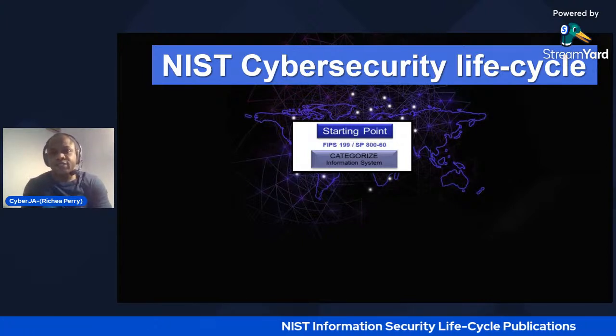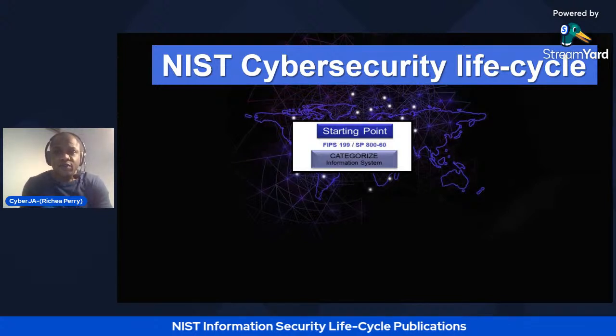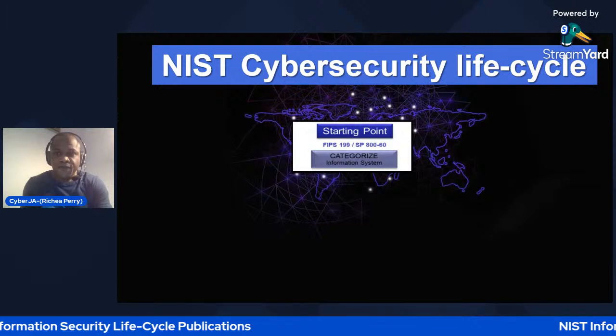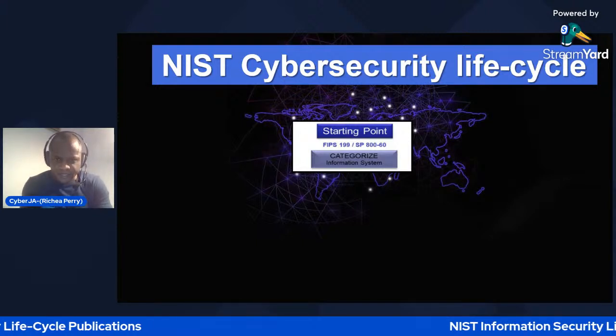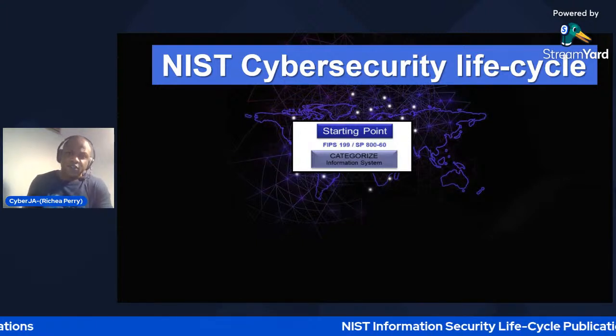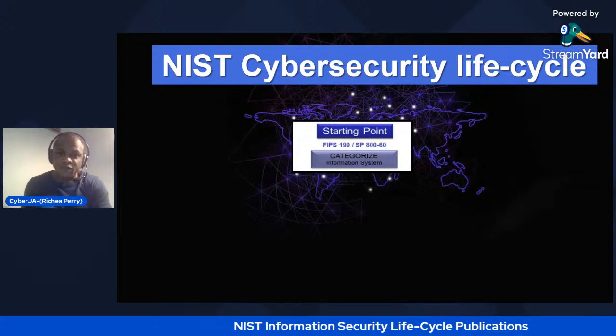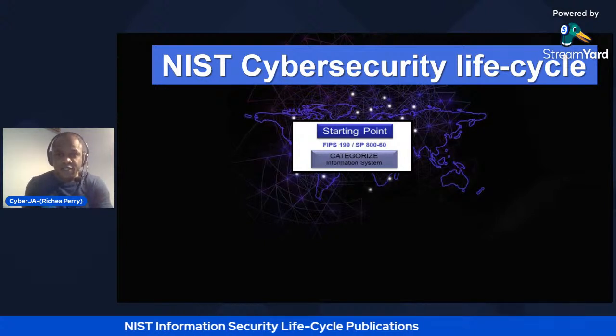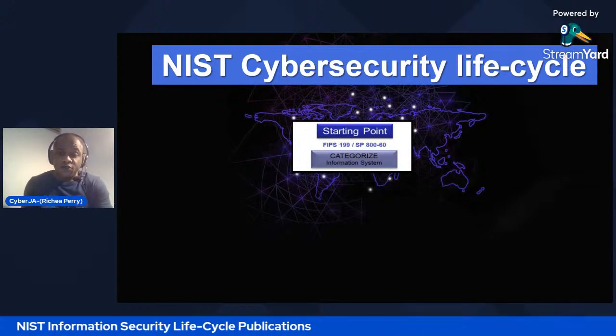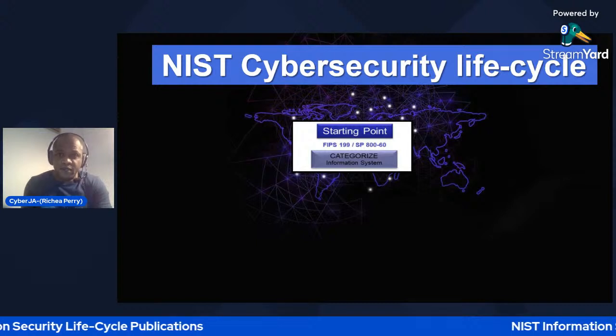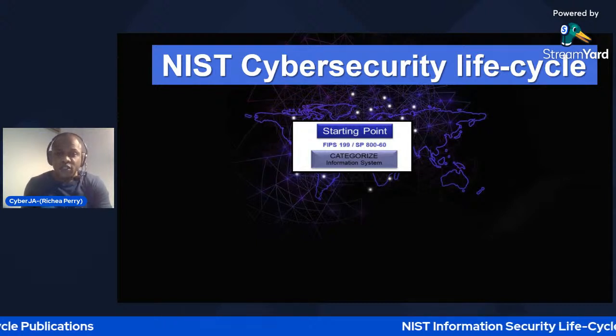And it looks at categorization. So it outlines how you go about categorizing your information systems. And this document pretty much defines the criticality or the sensitivity of information systems according to potential worst case adverse impact to mission or business.